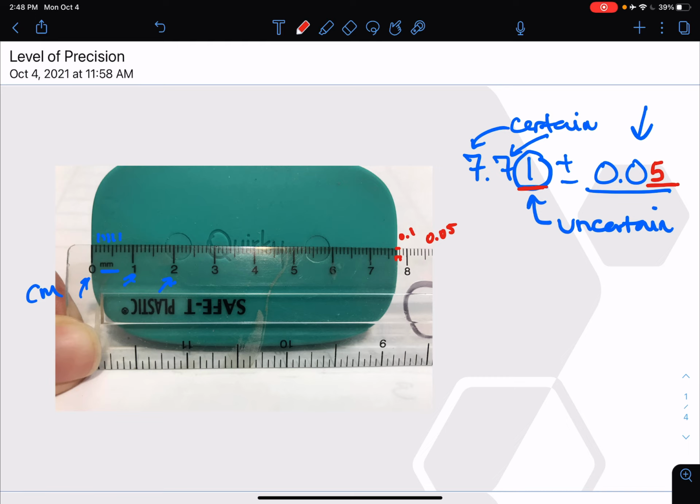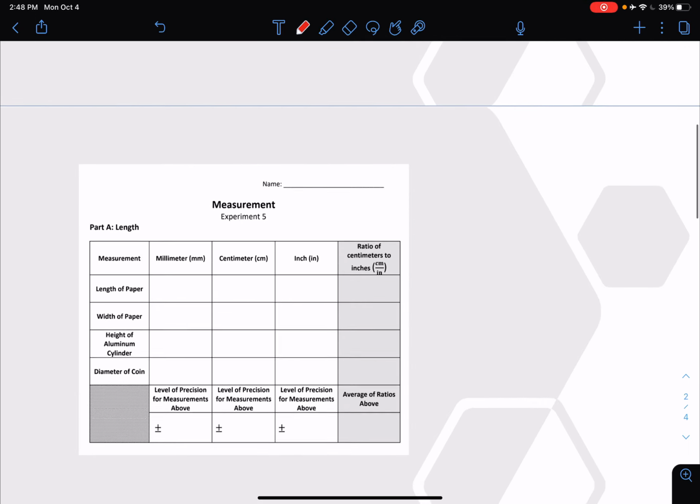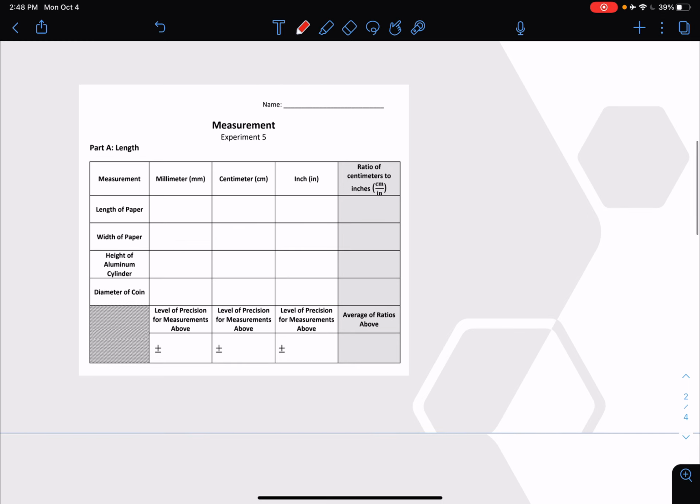Okay, so where does this information go? Well, this chart right down here, which you guys have for your lab, you would write 7.71 here. And again, if your lab partner measures it and says, no, I think it's 7.72, he or she is correct because that last digit is uncertain. It's our estimate.